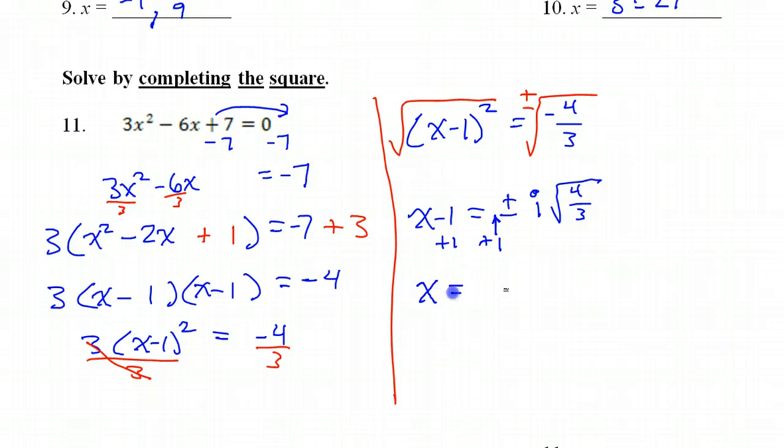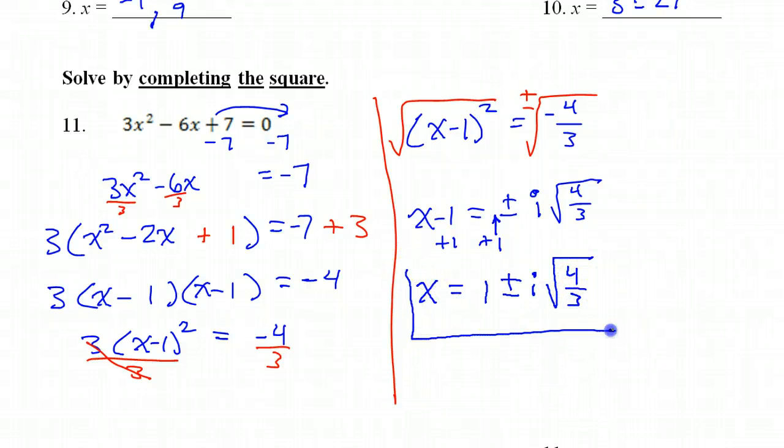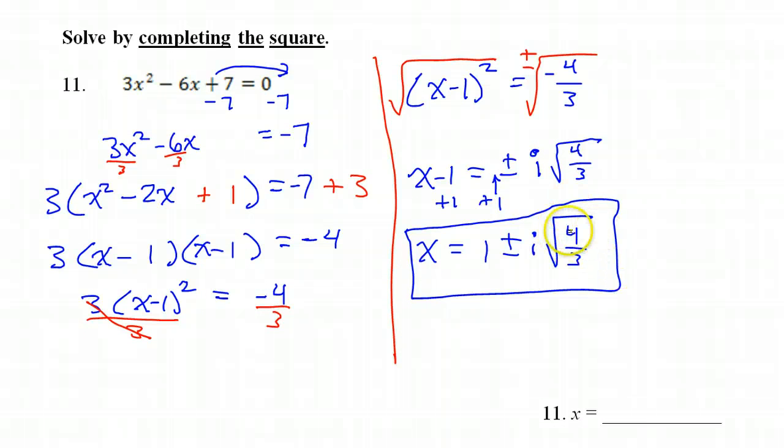So I'm going to get x equals 1 plus or minus i radical 4 over 3. Alright, I would accept this. Alright, it is not the most acceptable answer because we like to simplify this a little bit more. But at this level, I'm just going to totally accept this.